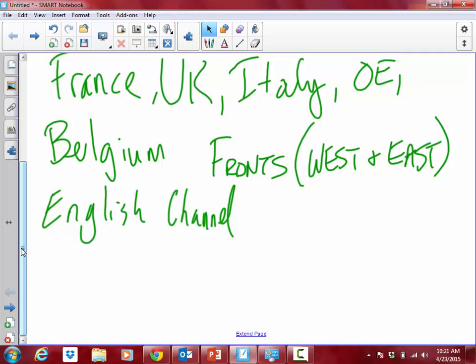Now, I have a question for you. When you look at this map, and you look at the lines for the eastern front and the lines for the western front, why are the lines for the western front all right here, and the lines for the eastern front from here to here?